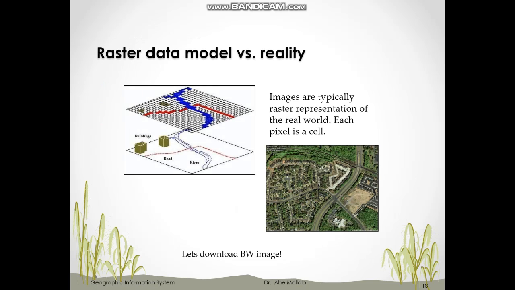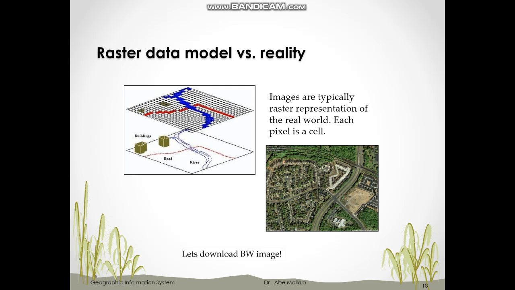So this picture shows you a representation of reality using the raster data model. In the vector data model, which is this one, we abstracted them as layers of interest such as a river or a road or buildings. But in the raster data model, we use cells to construct lines, to construct roads, to construct buildings.